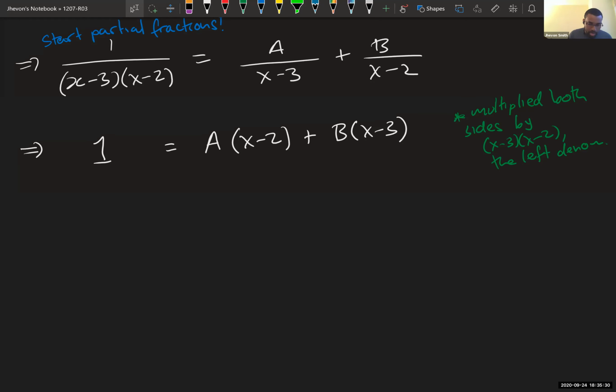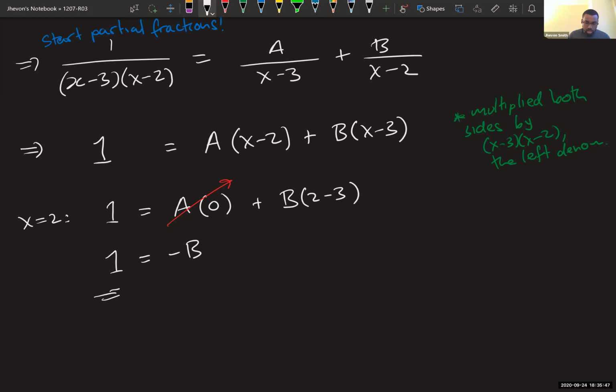Why? If I plug in x equals 2, then the A gets canceled because of the 0, and my B term remains. So this term gets canceled, and I can solve for the B. I would get 1 is equal to minus B, or in other words, my constant B must be minus 1.